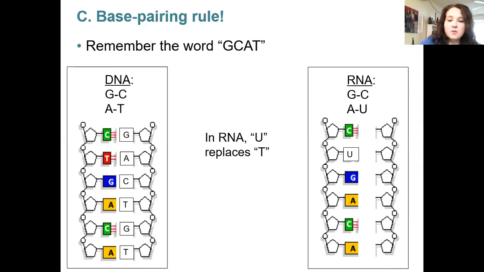Right, so you would have C pairs with G, U with A, G with C, A with U, C with G, and A with U again.